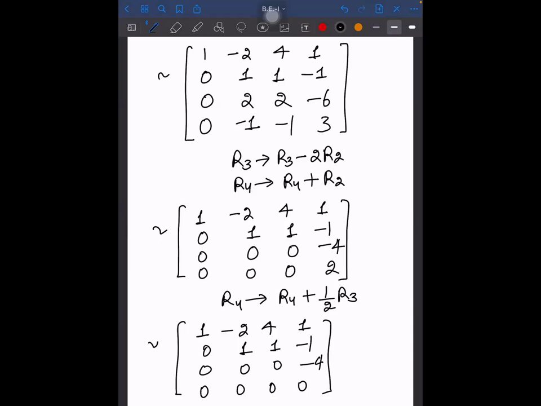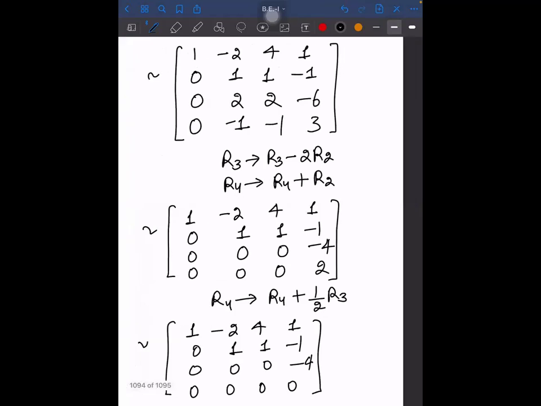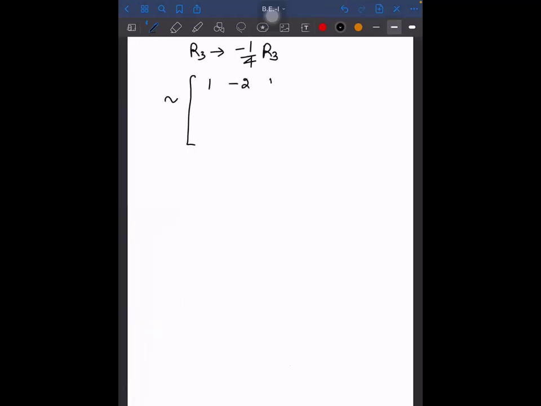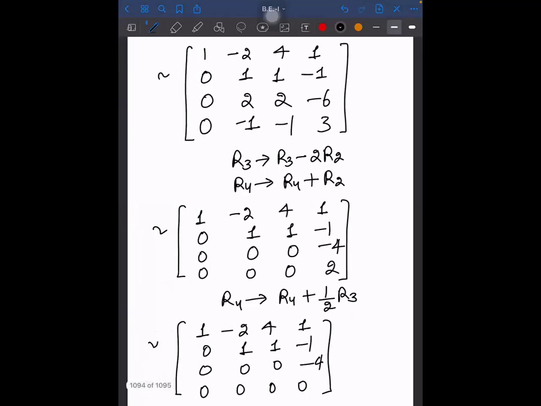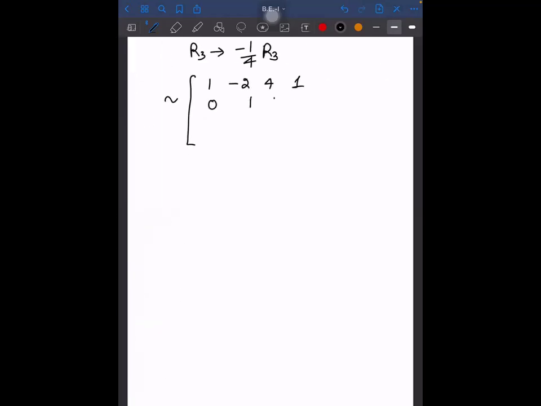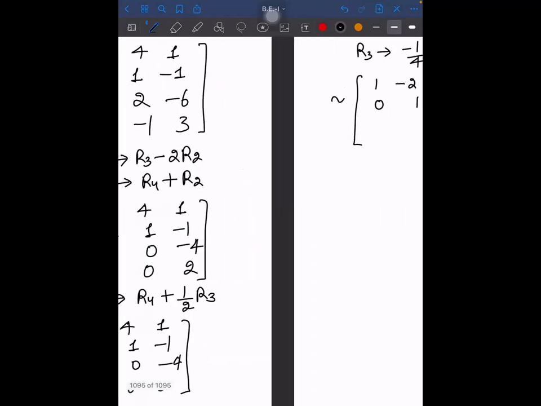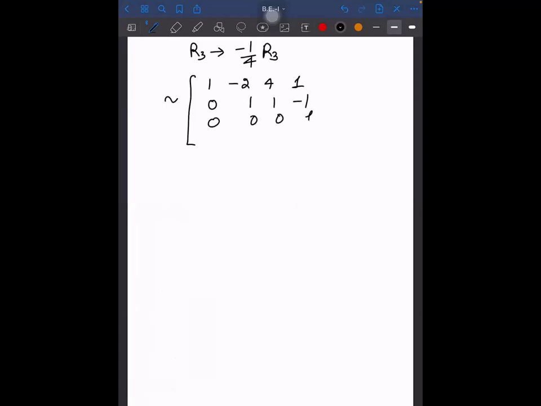If you want, you can do one more step by taking R3 as -1/4 times R3, just to simplify again. So 1, -2, 4, 1; 0, 1, 1, -1; 0, 0, 0, 1; and 0, 0, 0, 0.